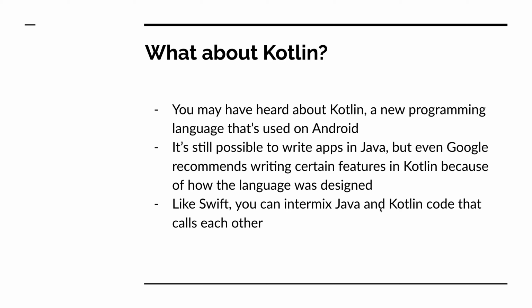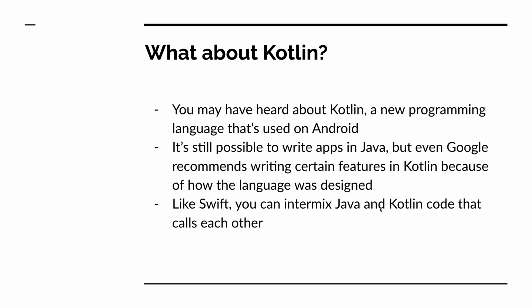Java. And in terms of what does Google recommend? Well, when it comes to certain things, Google does recommend you probably should go with Kotlin, because otherwise you're going to have to use some third-party libraries to achieve the same functionality, and it just tends to be a bit cleaner to use Kotlin.